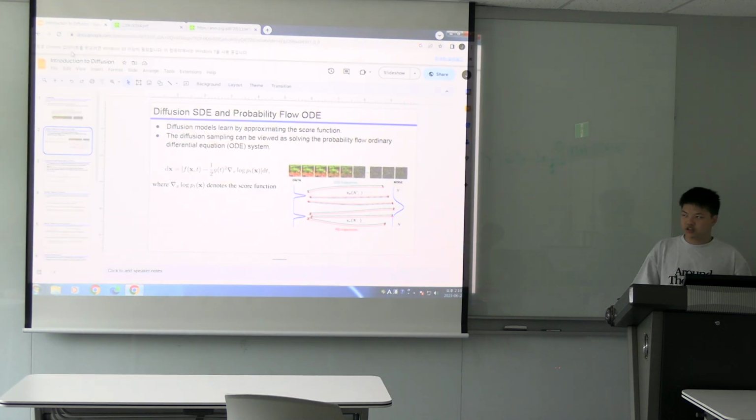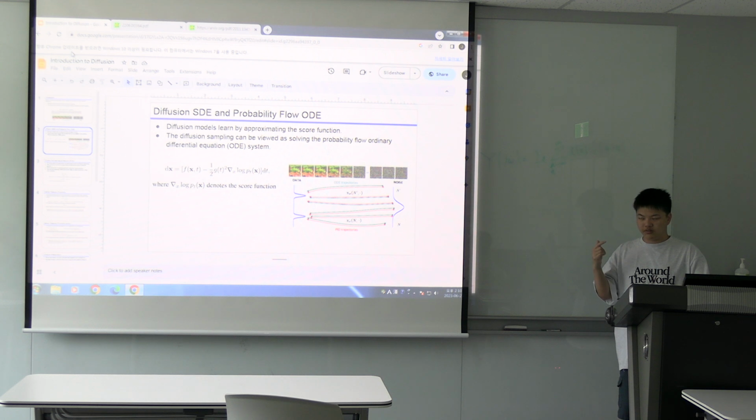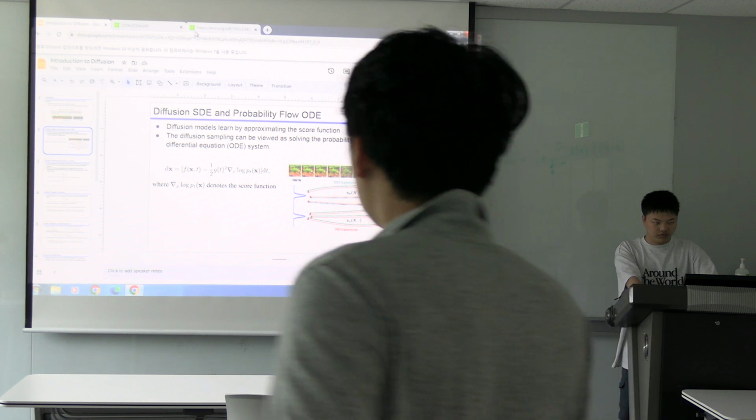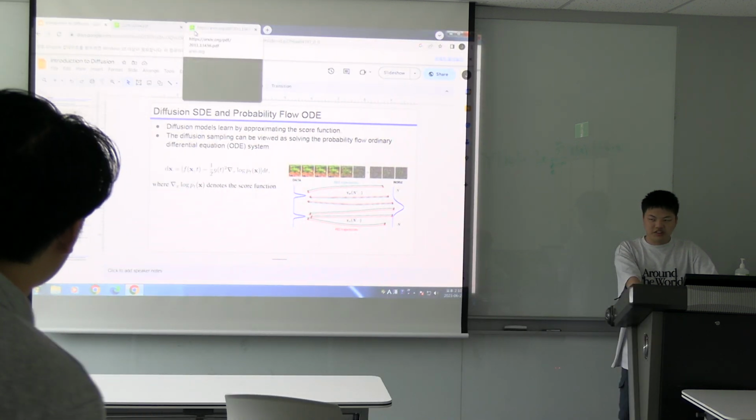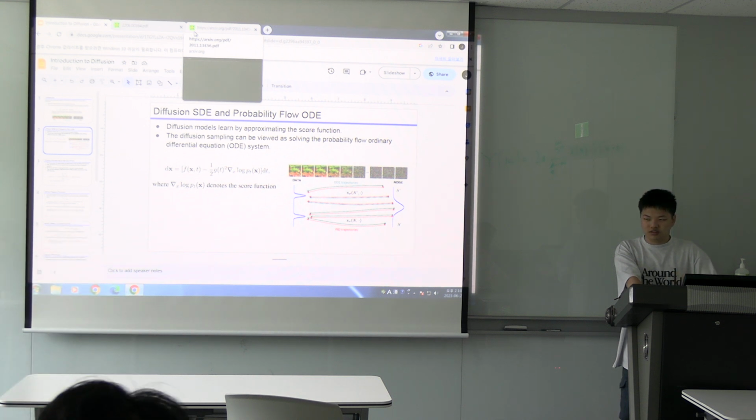Yes, in the ODE the coefficients are deterministic, but the initial condition is sampled from a Gaussian, so there is still a marginal distribution. The initial condition is separate from the Gaussian? What do you mean? No, it's sampled from the Gaussian. The initial conditions are sampled from the Gaussian.